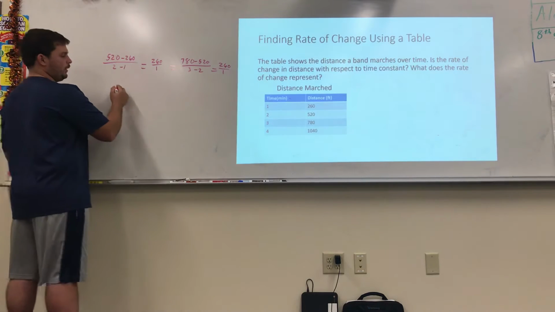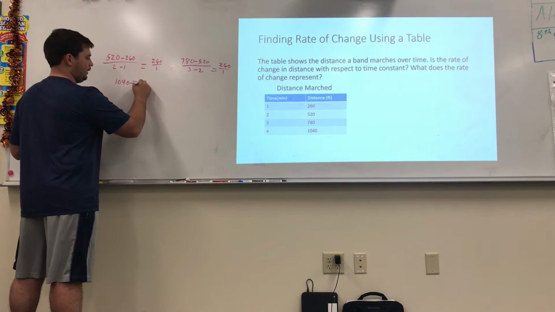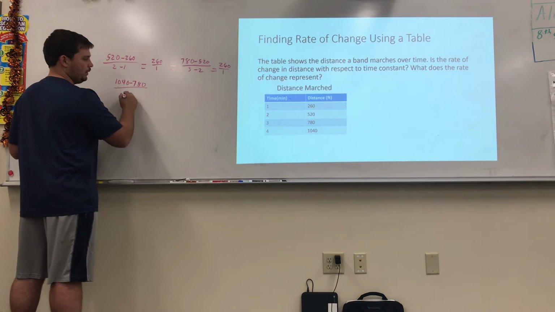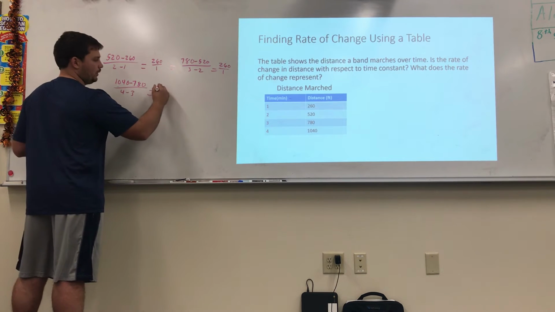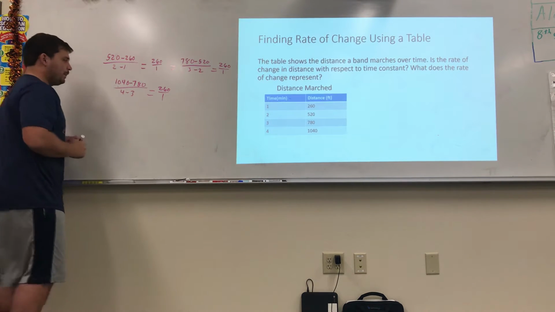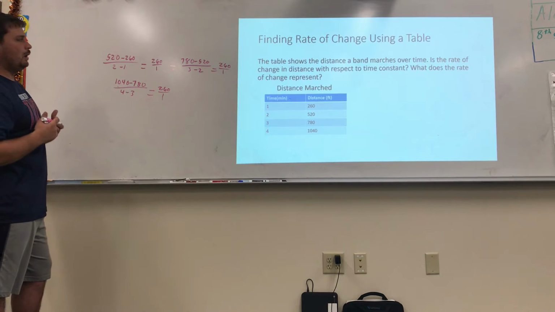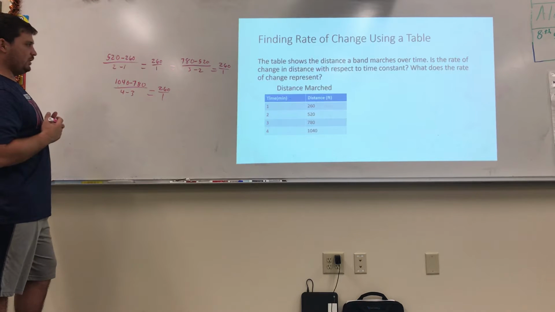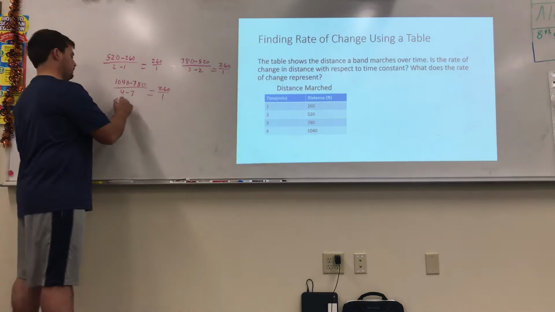You're going to take 1040 minus 780 over 4 minus 3, and you're going to get 260 over 1. So, the rate of change is constant. It is constant.